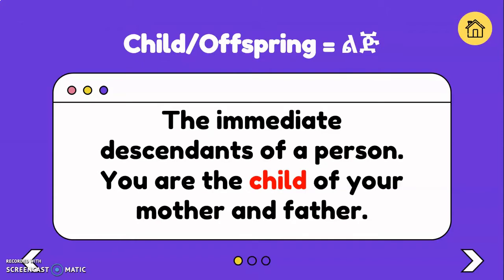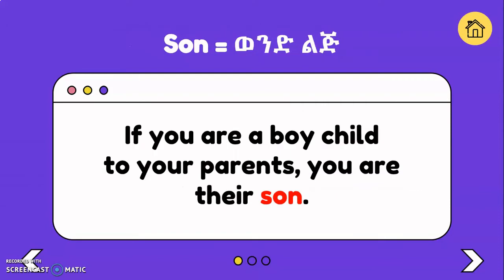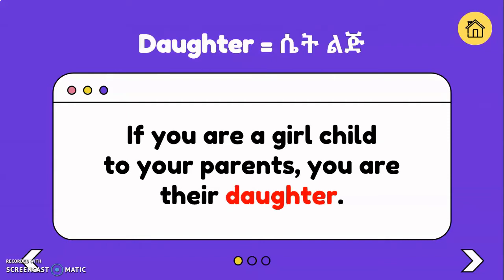That means you are the child of your mother and father. Son. If you are a boy child to your parents, you are their son. Daughter. If you are a girl child to your parents, you are their daughter.